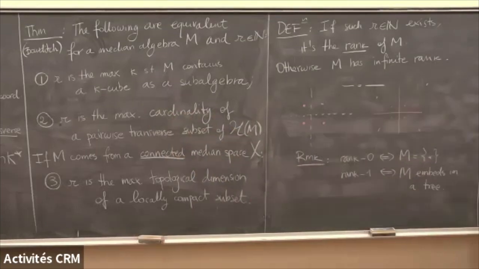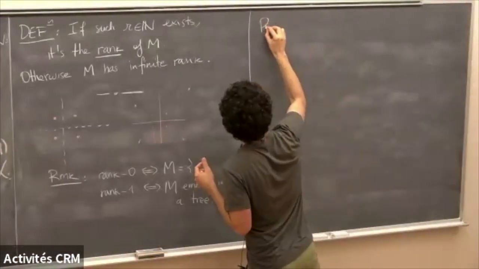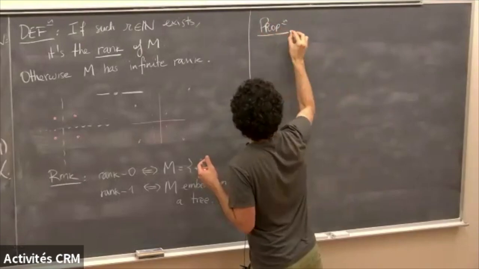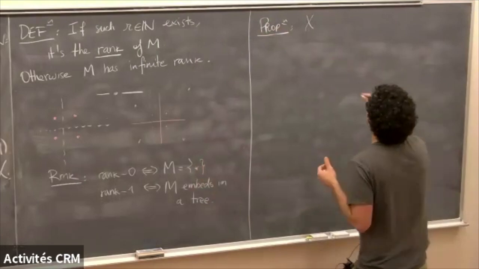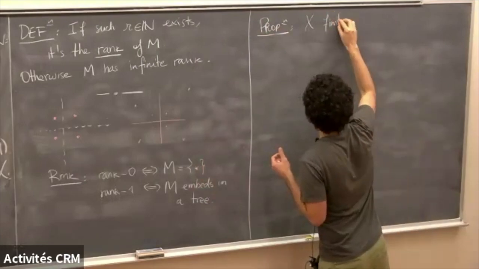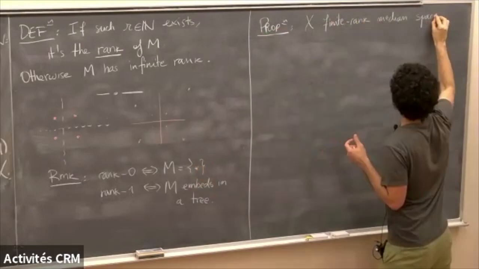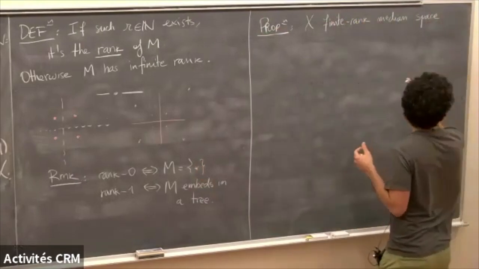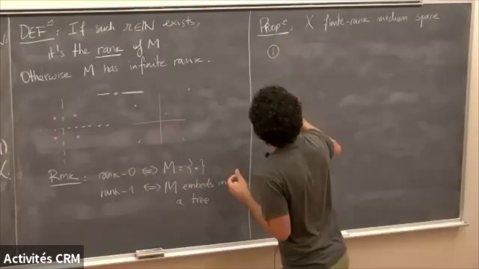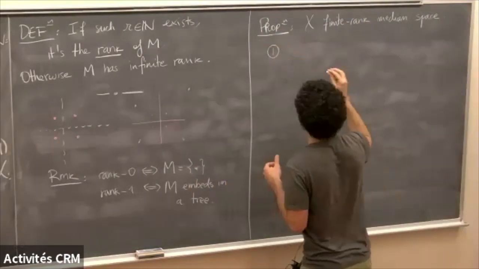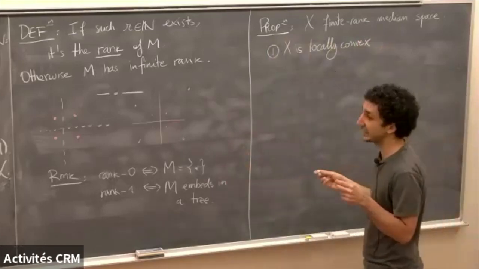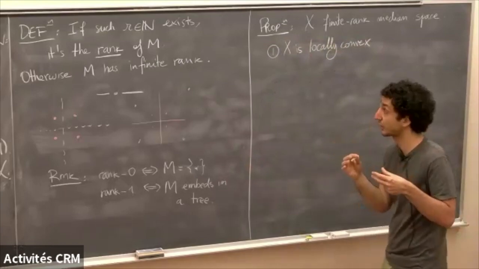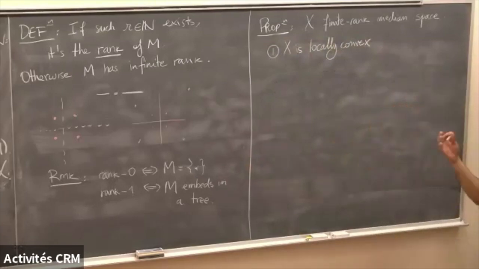Okay. So first thing that I can say about this space is the following. Say that X is just any finite rank median space now. Then 2 things are true. First of all, it's locally convex, so any point will have a neighborhood basis of convex neighborhoods. This is not true for general spaces, but it is always true here.